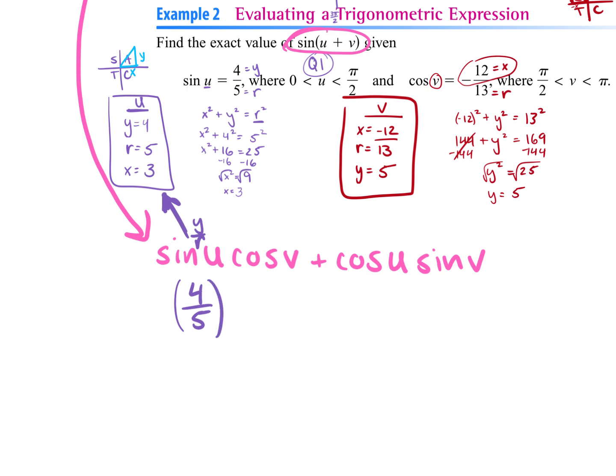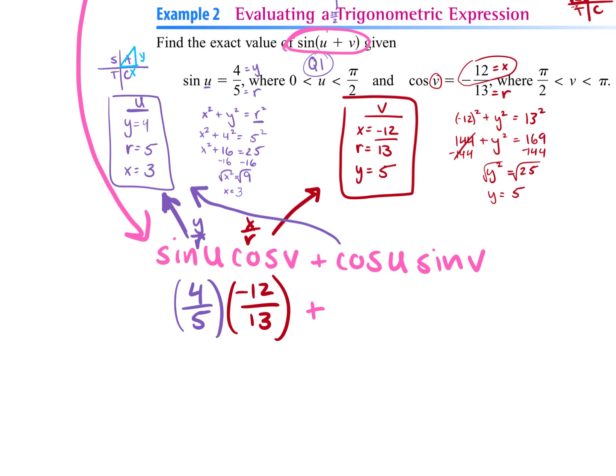Cosine of V tells us we have to look at triangle V. Cosine is what over what? X over R, so that would be negative 12 over 13. Plus cosine of U, so we got to look back at our U triangle over here.